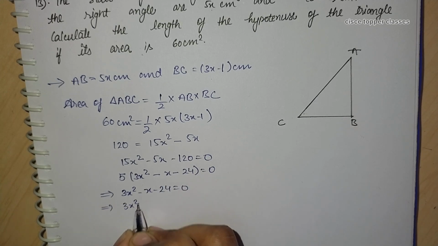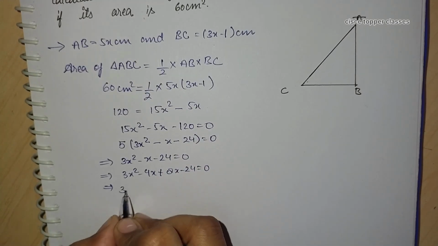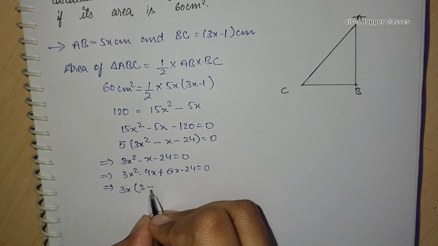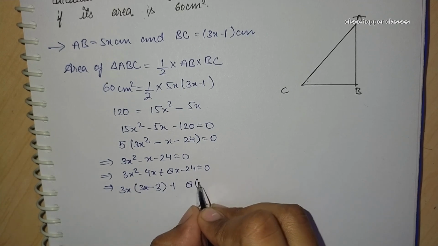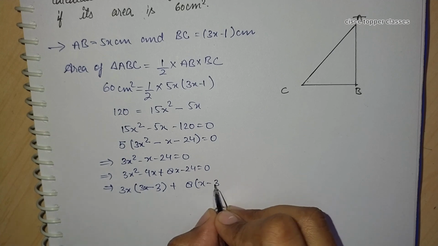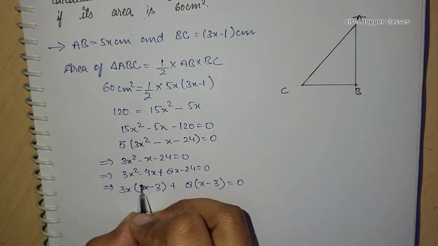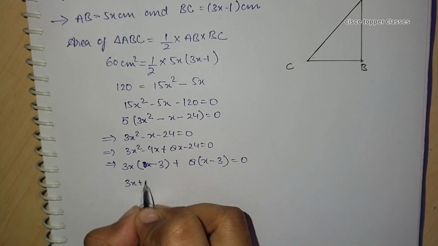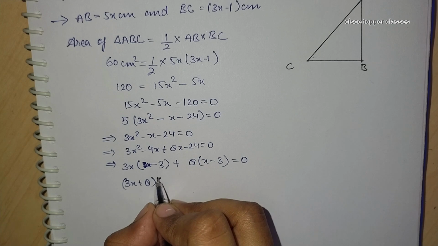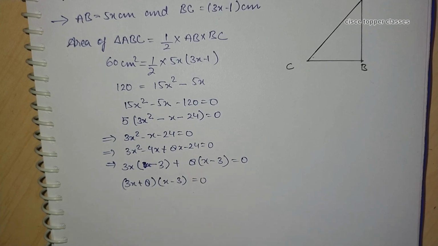So 3x square minus 9x plus 8x minus 24 equal to 0. We will take common 3x, so 3x into x minus 3 plus 8 into x minus 3 equal to 0. Here we have taken 3x as common, so this will be x only. So the factors of this quadratic equation will be 3x plus 8 and x minus 3 equal to 0.